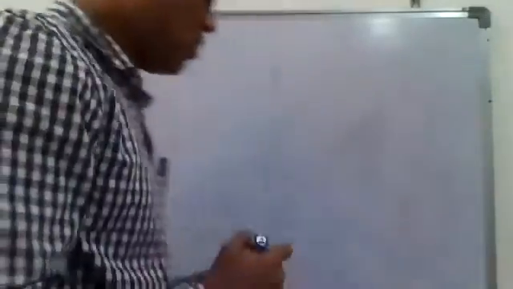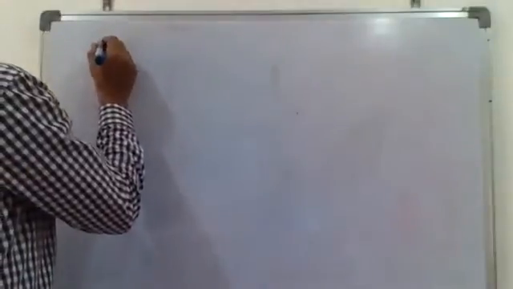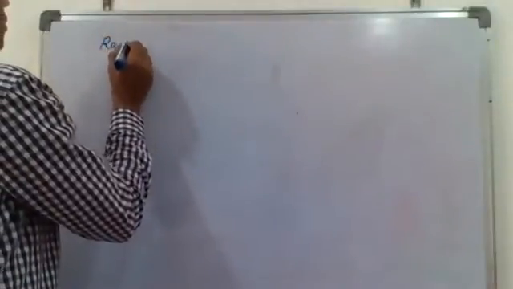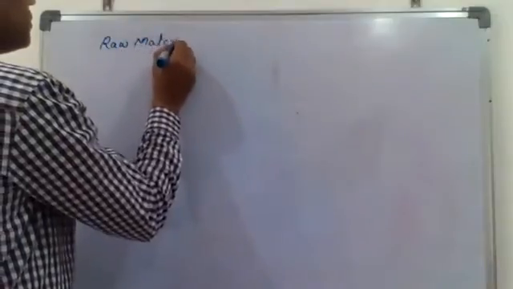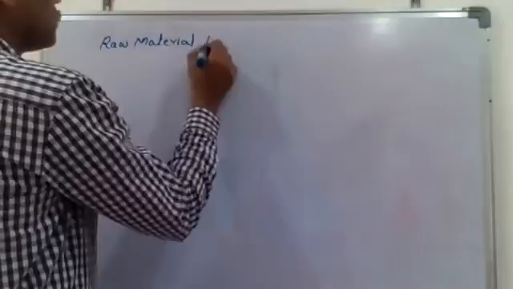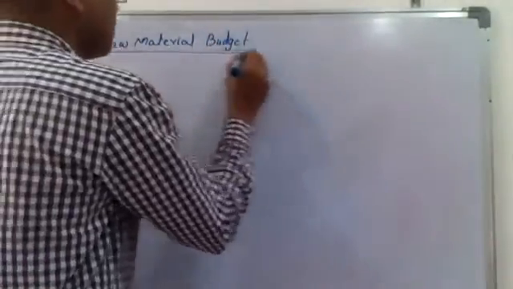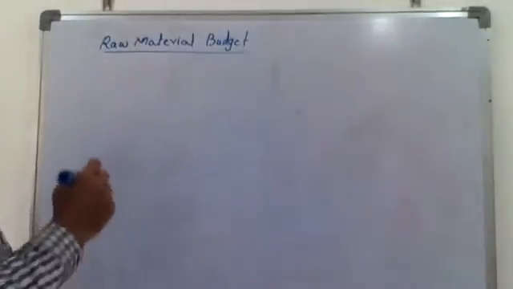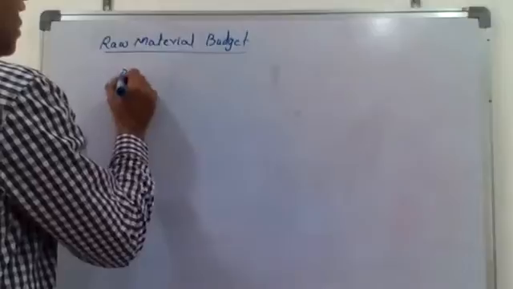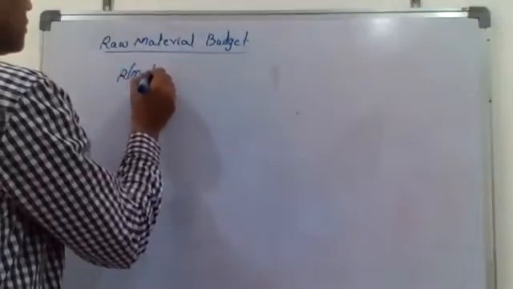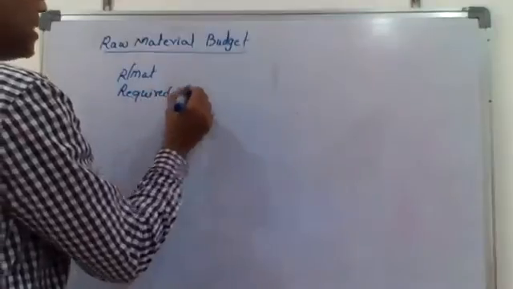So based on this, if I have to write the raw material budget: what are we going to prepare in it? What is the raw material required to be purchased?